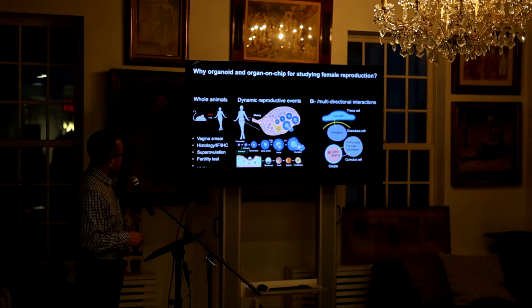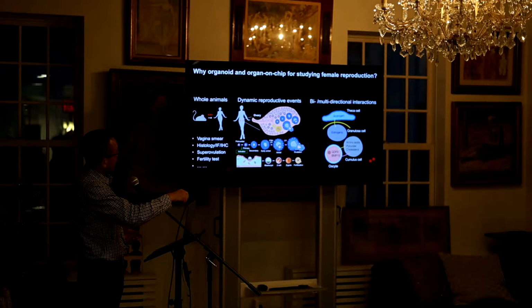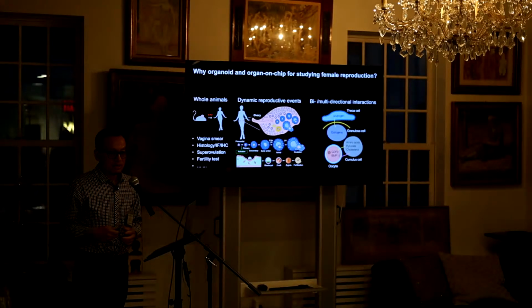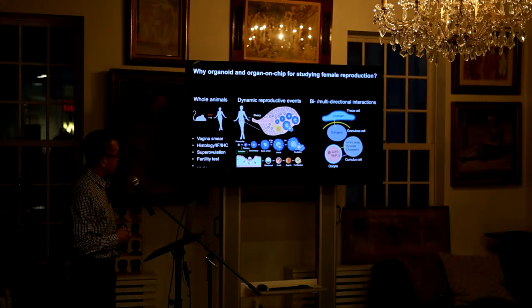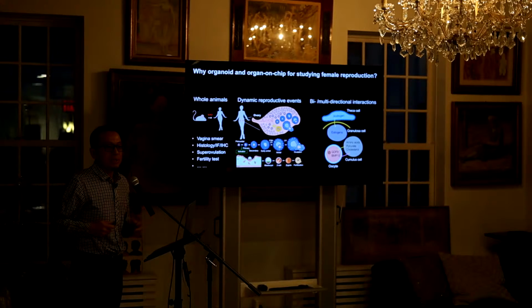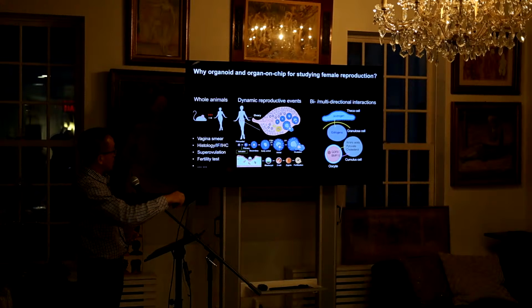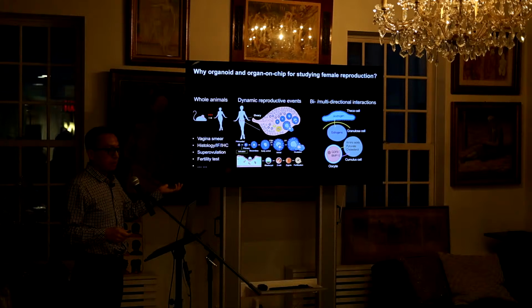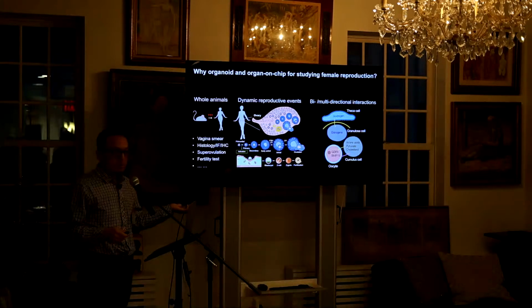And for another reason we want to have the organoid or in vitro model for studying ovary and uterus, also because reproductive events are pretty dynamic. I think everybody already understands that folliculogenesis, or the follicle maturation process, is pretty dynamic. So how can we culture primordial follicles, especially human follicles?